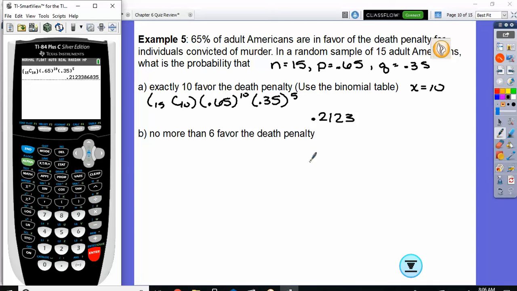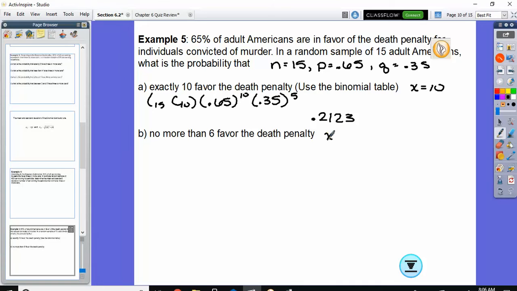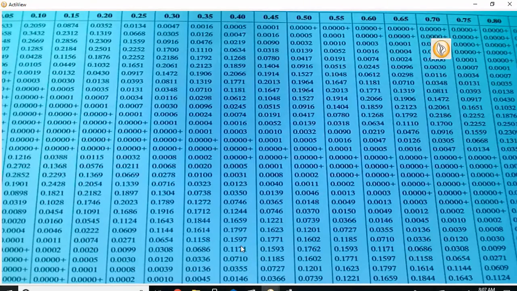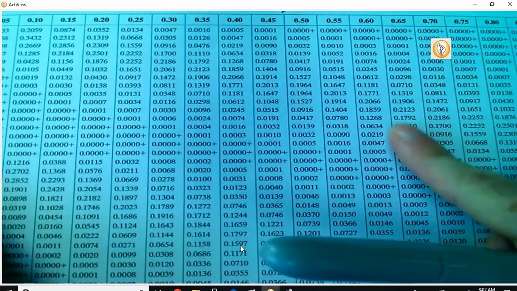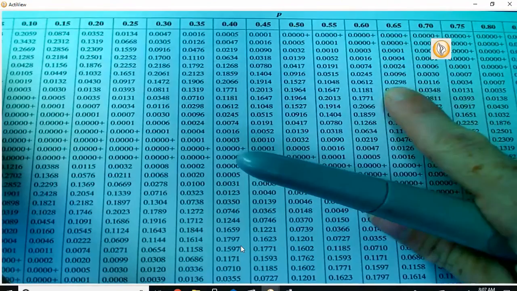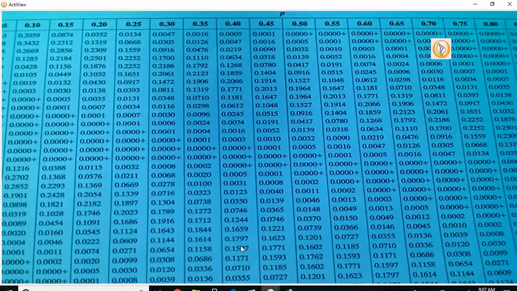Now B, no more than 6. So that means X could be 0 or 1 or 2 or 3 or 4 or 5 or 6, right? So if you were doing it on your calculator, you would have to calculate all 6 of those things and add them together. Looking at our table, we could add my X equals 0, 1, 2, 3, 4, 5, and 6, and that would also work.